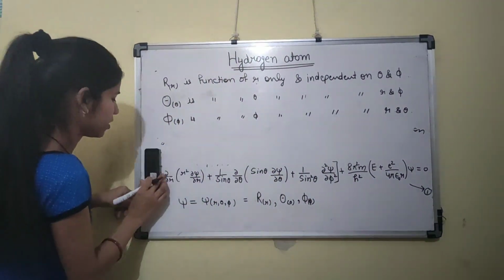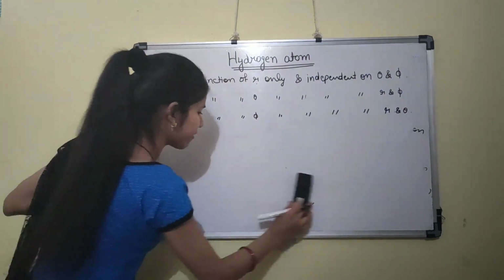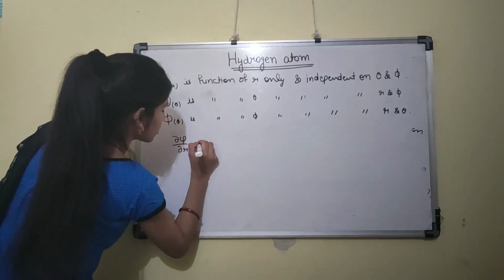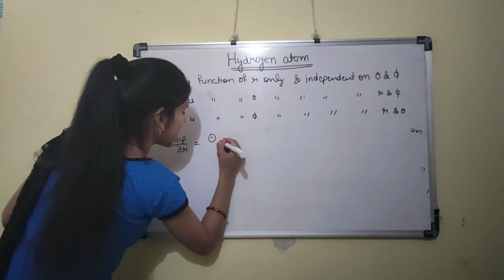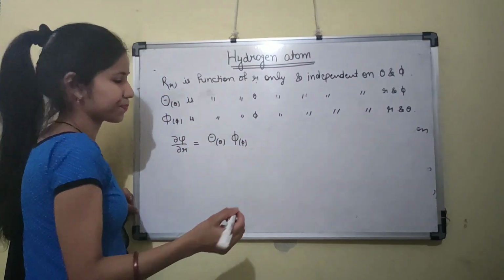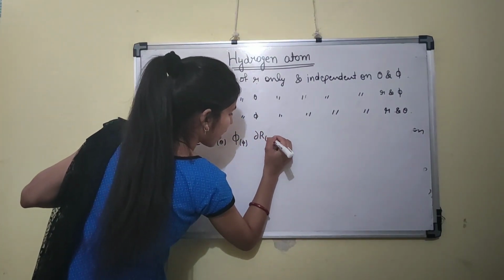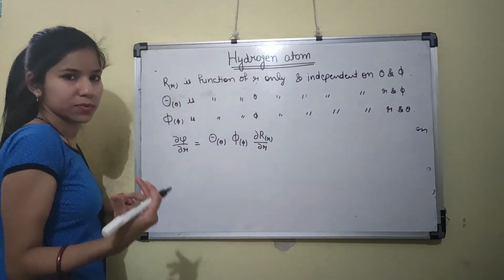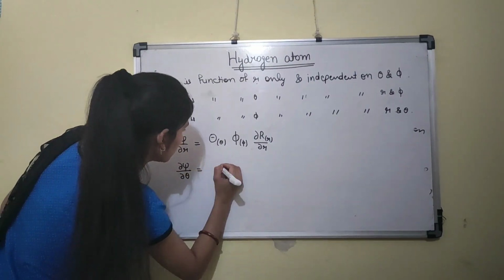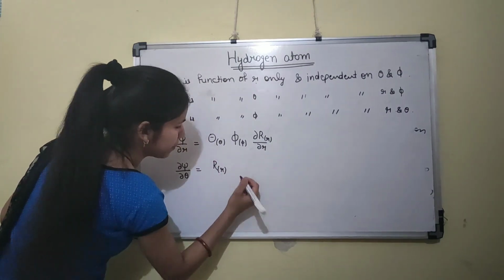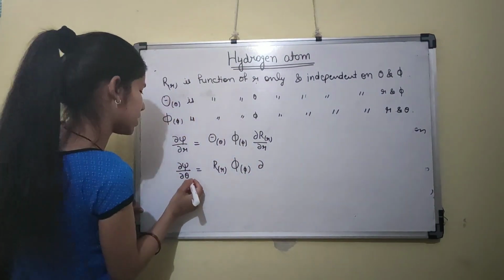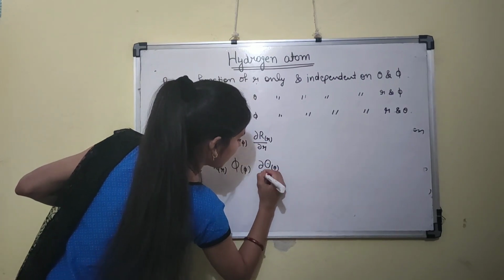So this will be given by del psi by del r, where theta will remain the same and phi will remain the same, so there will be del R divided by del r. Then del psi by del theta, where r will remain the same and phi will remain the same, and there is differentiation of Theta with respect to theta.